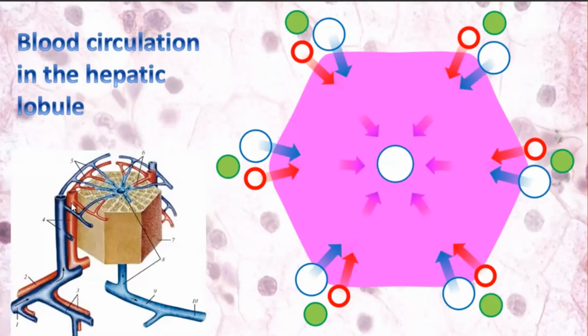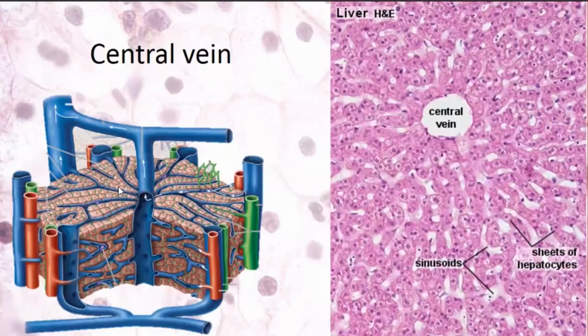Here we can see artery, vein, there are sinusoids, and its central vein. And here we can see the central vein. There are hepatocytes and sinusoids between them. Sinusoids, hepatocytes or hepatic plates, and sinusoids carry this blood to the central vein. It's the artery, the branch of the portal vein, and mixed blood goes to the central vein.